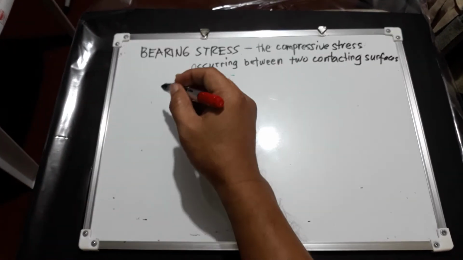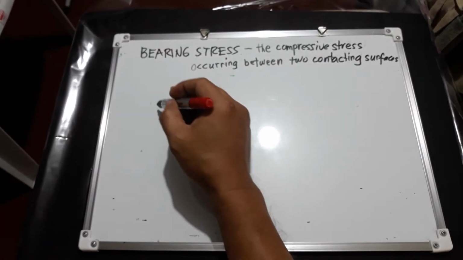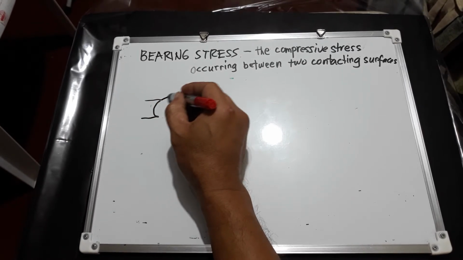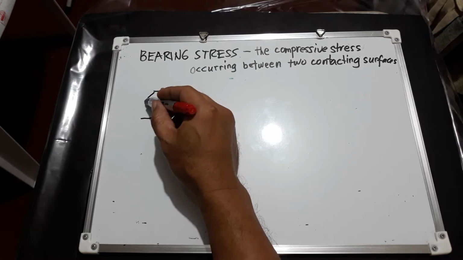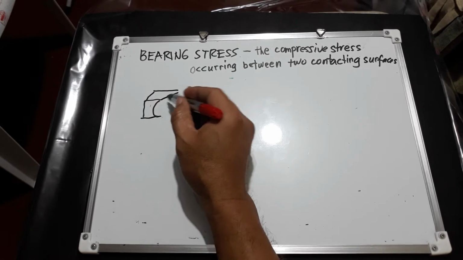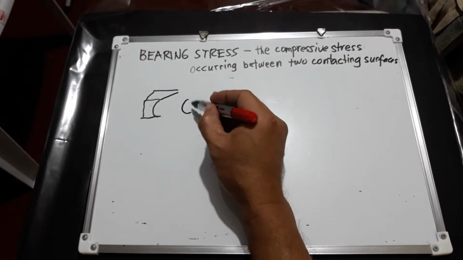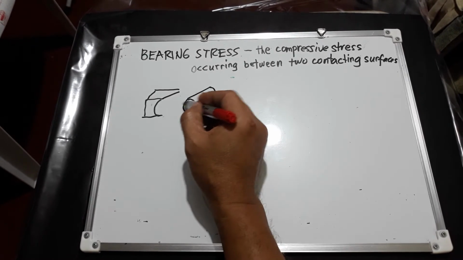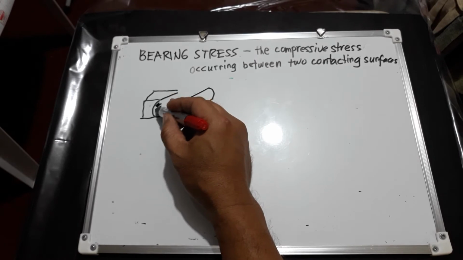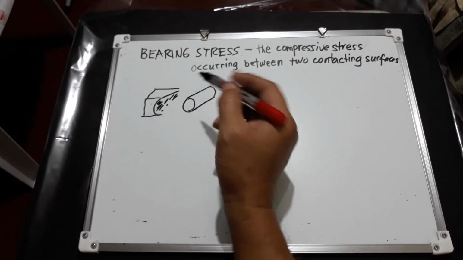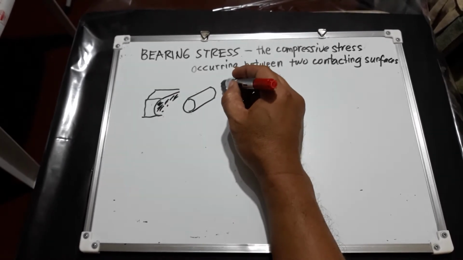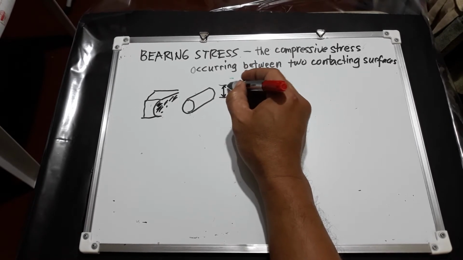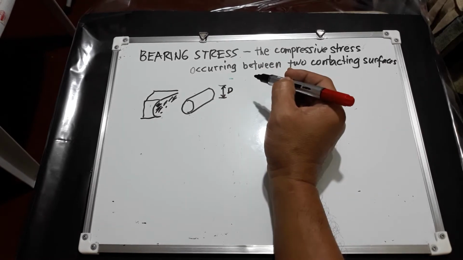So if I am going to illustrate, the surface is a curve. Okay, that is a curve, and there is a tube that is going to be in contact with this surface. Now, let this tube have a diameter D, okay?